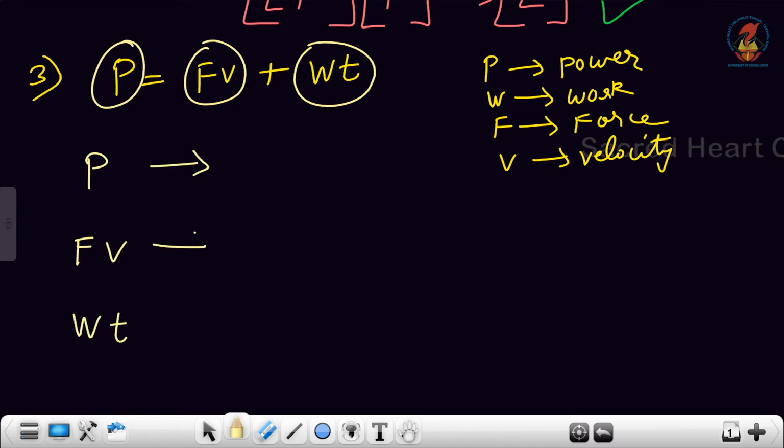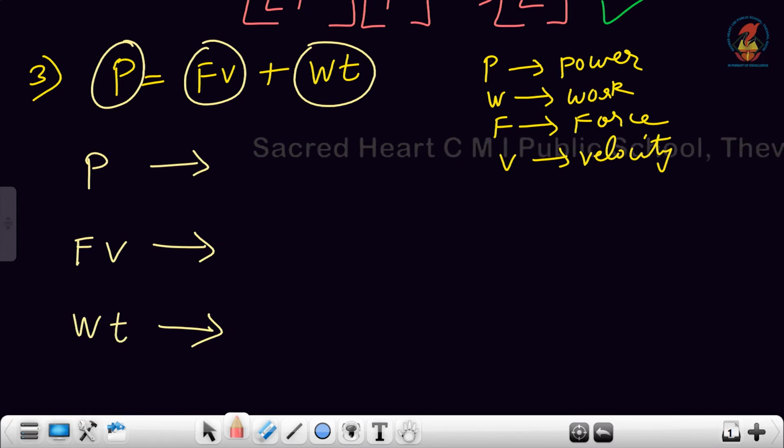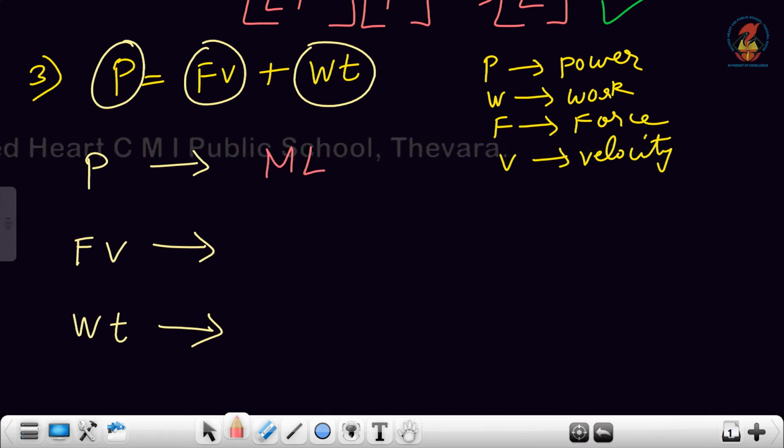Now we are going to find the dimension. So what is the dimension of power? You have already studied it: ML^2T^-3. So I write ML^2T^-3.